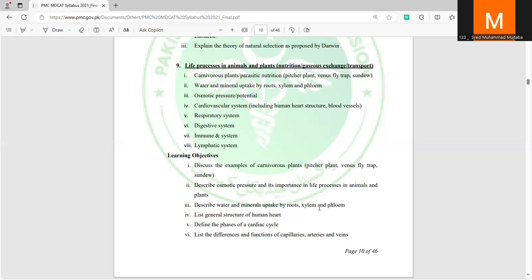Now, if you come to part number 4, the human heart, you need to know its anatomy, that it is divided into two atria and two ventricles. The left atrium and left ventricle primarily contain oxygenated blood, whereas the right atrium and right ventricle contain deoxygenated blood. Similarly, you need to know the blood vessels which carry blood towards the heart, and likewise the blood vessels which carry blood away from the heart.